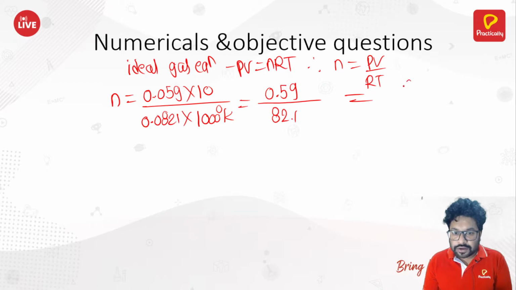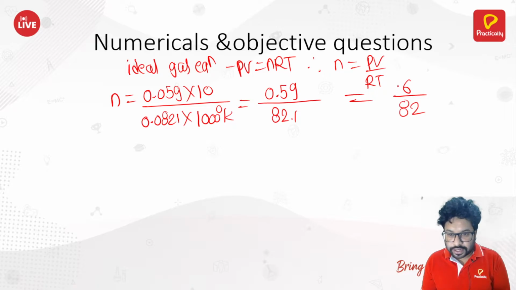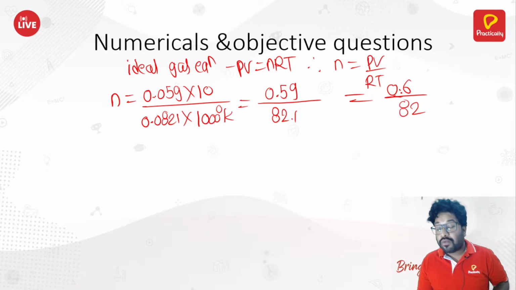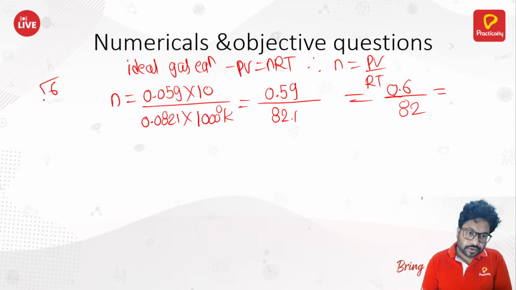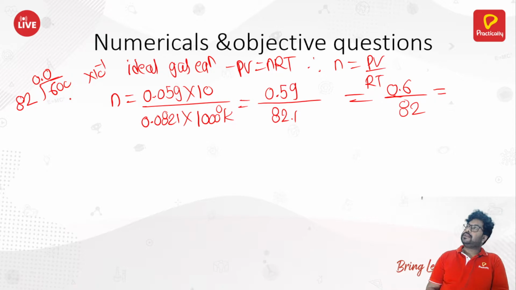So this is ultimately equal to 0.6 divided by 82. You can make it like that to make your calculation easier. So now you can make it like 6 divided by 82, obviously multiplied by 10 raised to minus 1. 8 5s are 40, 8 6s are 48, 8 7s are 56.